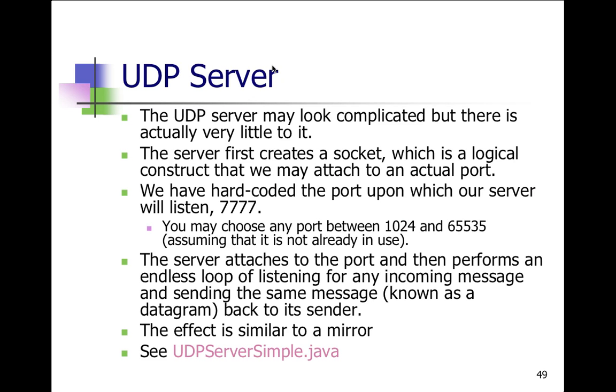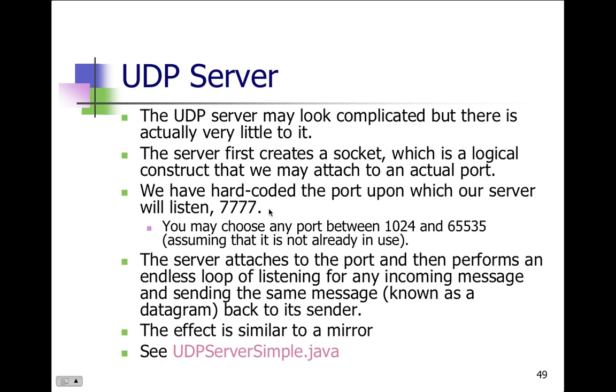The UDP server may look complicated, but there's actually very little for it to do. It's going to be kind of simple. The server first creates a socket, which is a logical abstraction that is going to attach to a port. We create the socket first and attach it to a port. We're going to hard code the port in this server to listen to 7777. It's just going to pick a port. In fact, it doesn't matter which port you use.